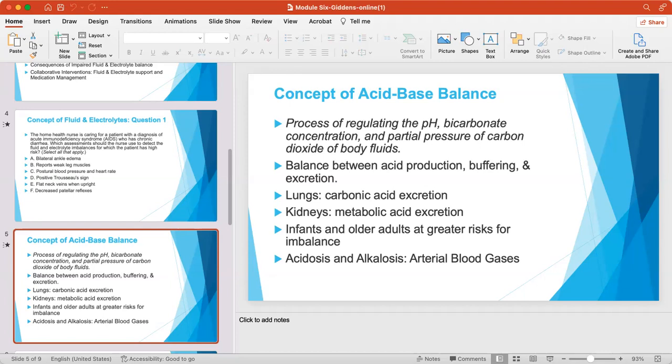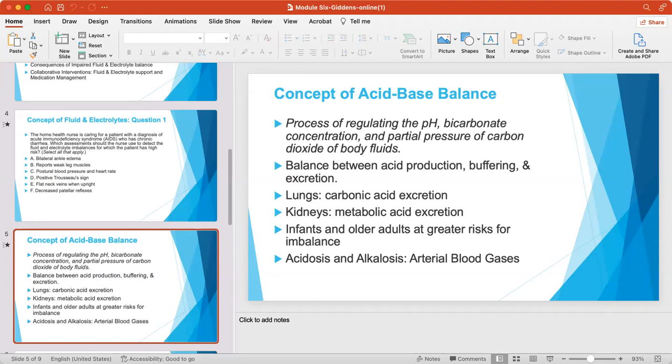Our cells continuously generate two kinds of acid during metabolism. They are carbonic acid, H2CO3, and metabolic acids. Although the chemical structures of metabolic acids vary, both normal and abnormal types of cellular metabolism can generate metabolic acids occasionally.